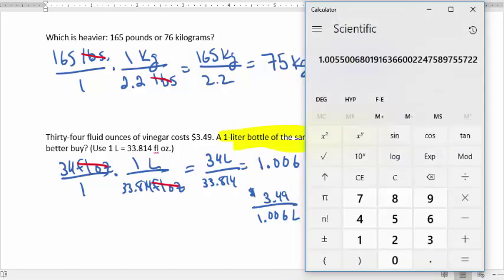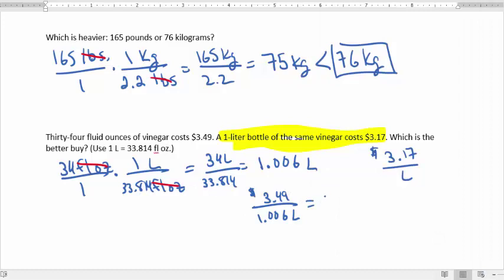So if we do 349 divided by 1.006, we get 347 basically. So it's $3.47 per liter. So what's the better buy? The cheaper one, obviously. So this is going to be the better buy, the one that costs $3.17 for the liter.